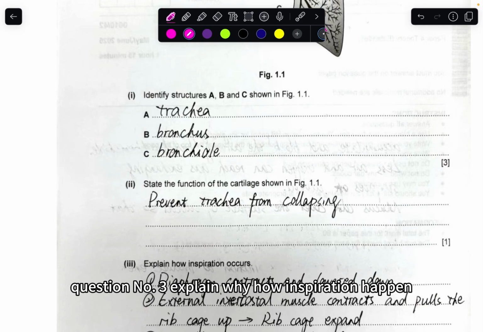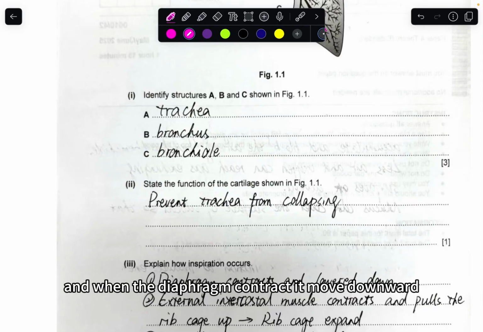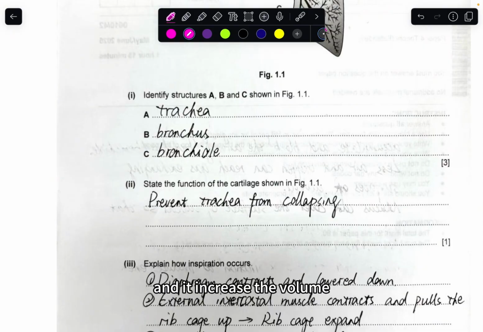Question number 3, explain how inspiration happens. Inspiration means how the air enters into the lungs. So when the air enters, first the muscle diaphragm contracts, and when the diaphragm contracts, it moves downward and increases the volume.